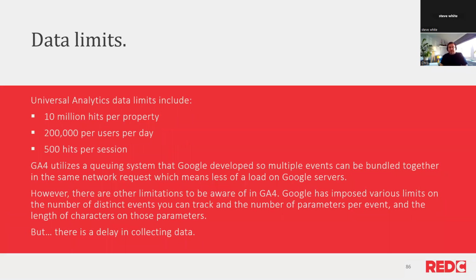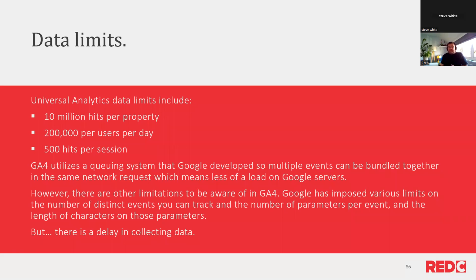GA4 doesn't work in quite the same way. It uses a queuing system. So because Google's moved to an entirely event-based system with GA4, it knows that the amount of events going to be fired through its servers and systems is going to be considerably higher than the amount of hits and users that are going through in the old way.